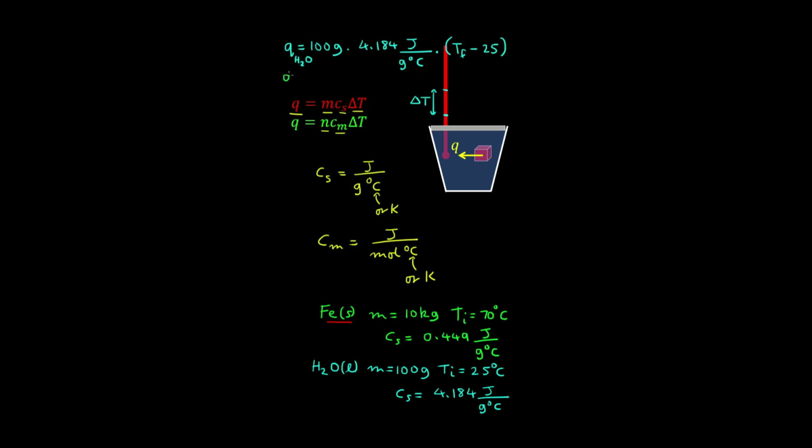And similarly, the heat lost by the iron block can be calculated as follows. And assuming there's no heat lost to the environment, when thermal equilibrium is reached, we have the following condition.